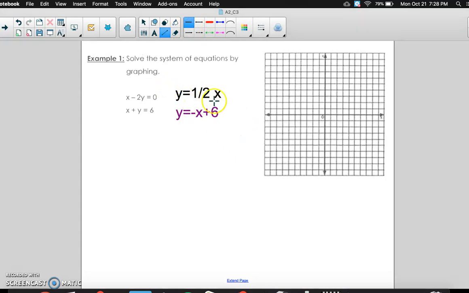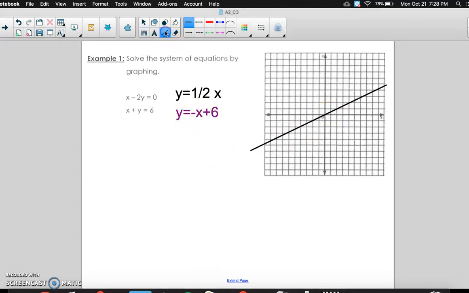So to graph this first one, I'm just going to start at 0, 0 and go up 1 over 2, rise over run, up 1 over 2. And I'm going to continue that in this direction, but I'm also going to extend it out this way. So there's our first line.